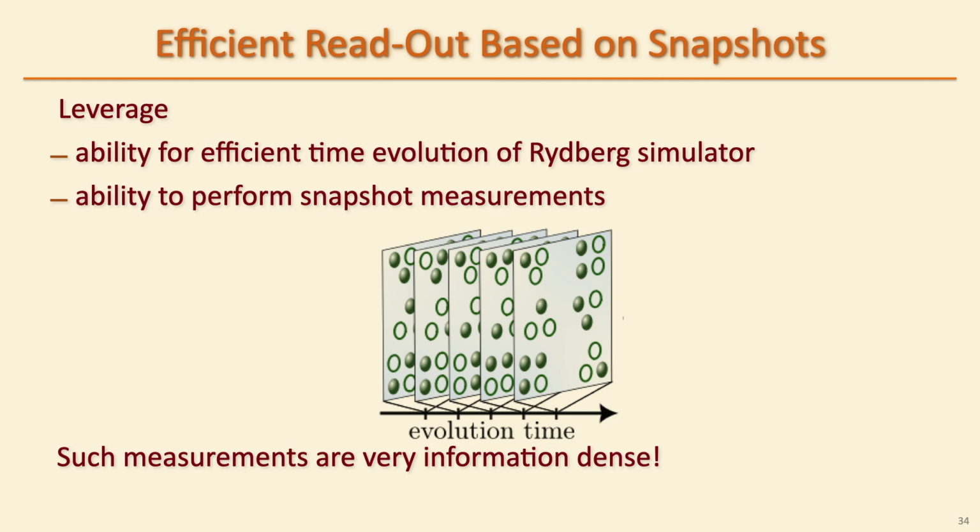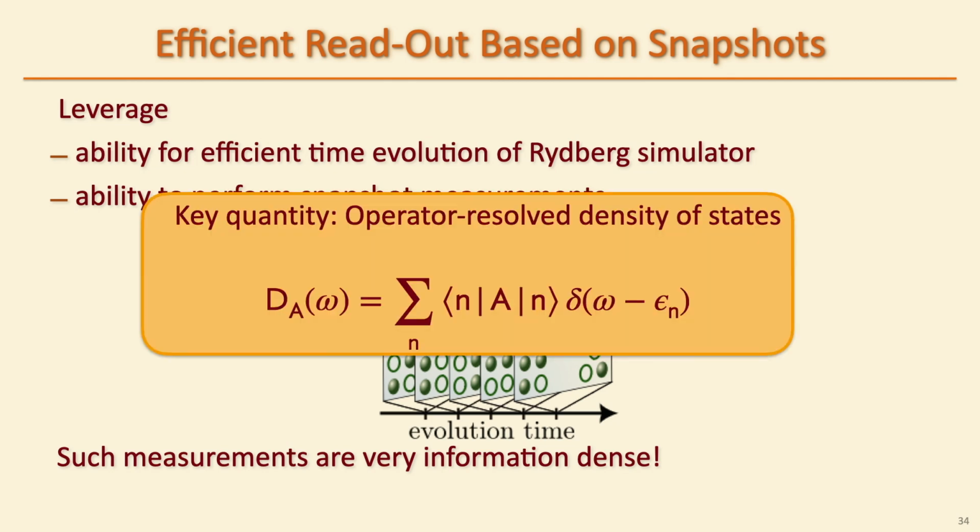So it is a little bit reminiscent of shadow tomography. But we have come up with a way to make the most of this information that we have gathered. And the way to do that is by defining a new quantity, which we call operator resolved density of states. So this depends on an operator A. Just assume for a second that this is just the unit operator.